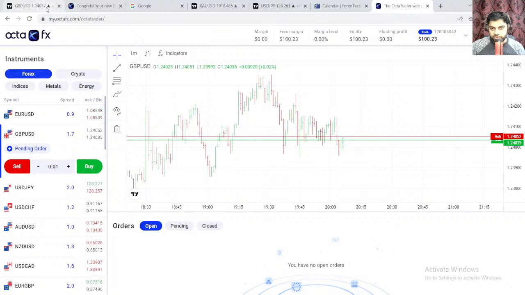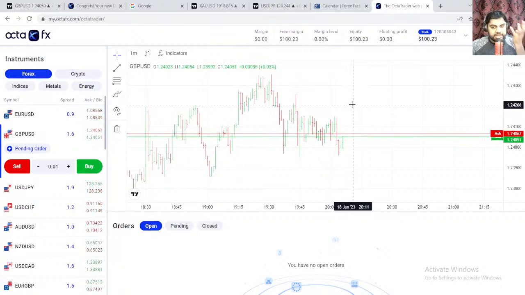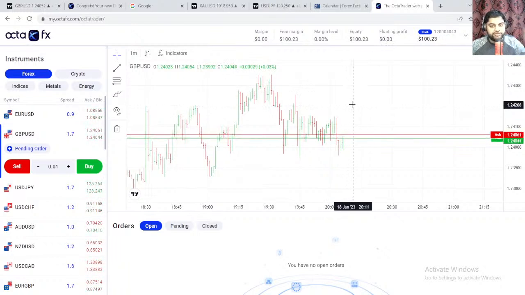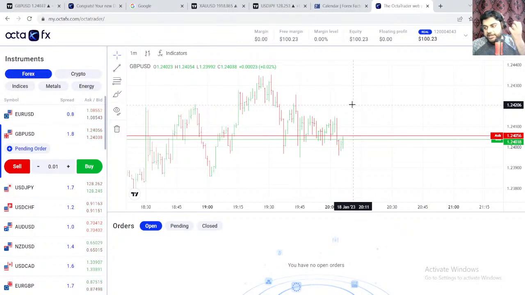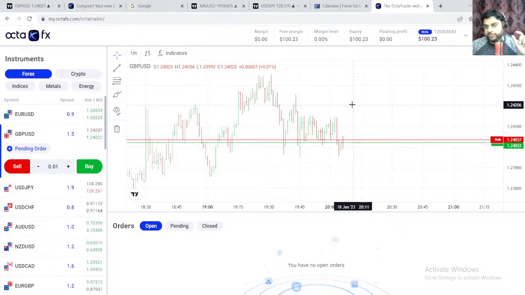You already know, I hope, that octafx has given you a platform which takes the chart analysis of TradingView and takes the trading platform of MT4 and puts them in a single platform called Octa Trader platform. I think this is the best possible platform.